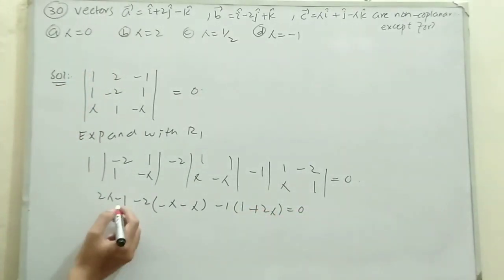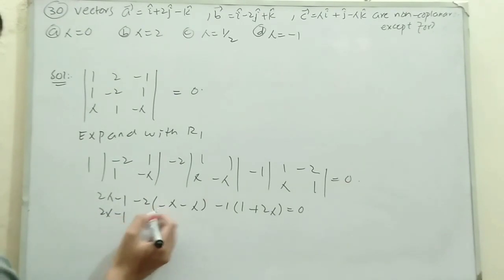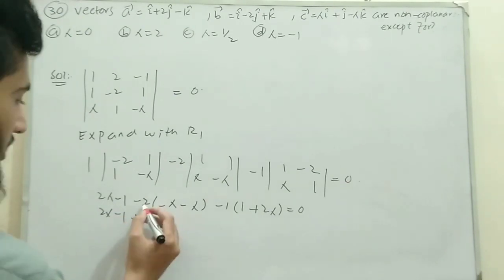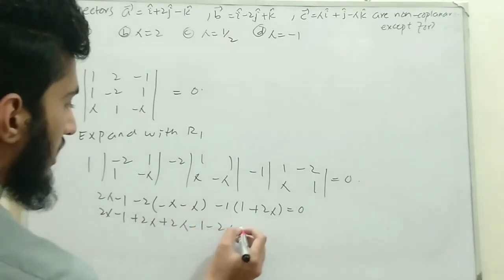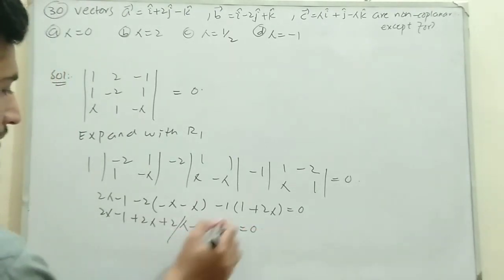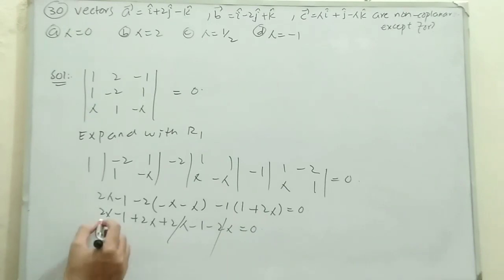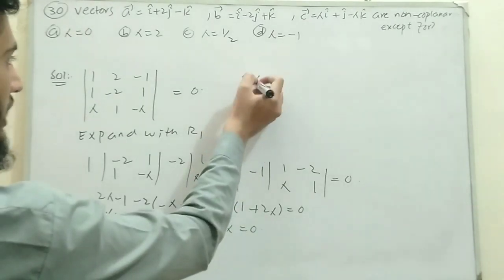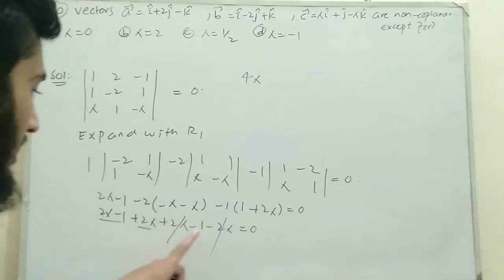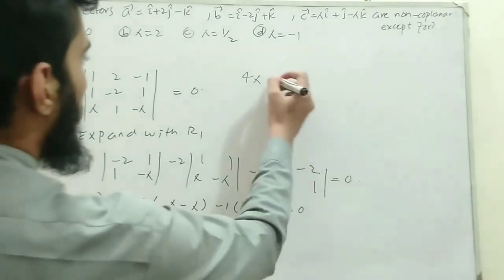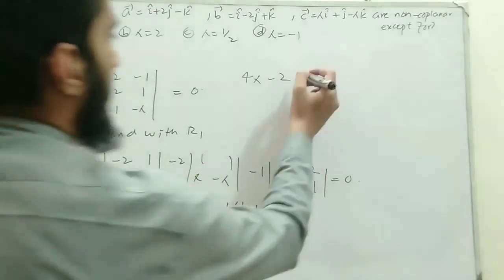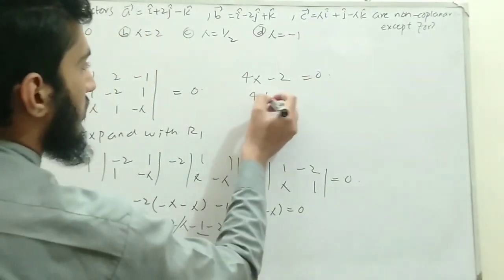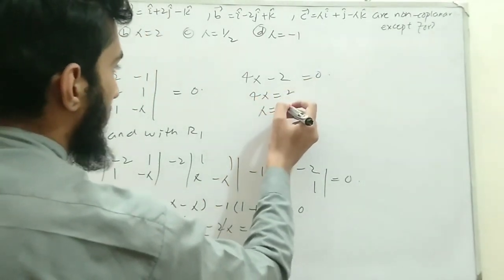After this, it gives us 2 lambda minus 1 plus 2 lambda, and after this plus 2 lambda minus 1 minus 2 lambda is equal to 0. 2 lambda minus 2 lambda are cancelled with each other. After this, 2 lambda plus 2 lambda gives us 4 lambda. After this, minus 1 and minus 1 gives us a value minus 2. So it means that 4 lambda is equal to 2. So the value of lambda is equal to 1 over 2.